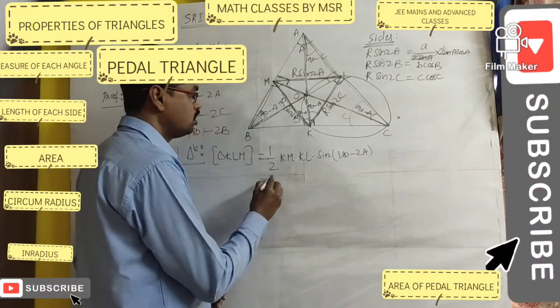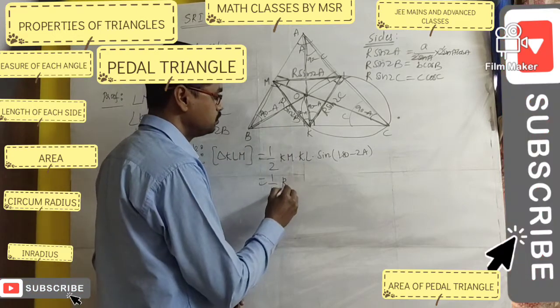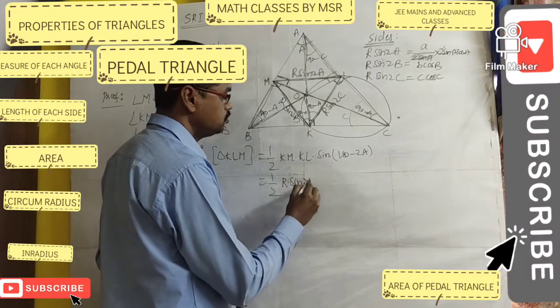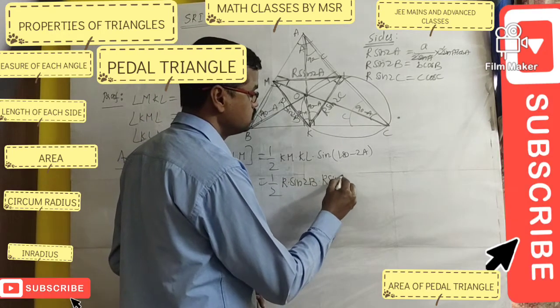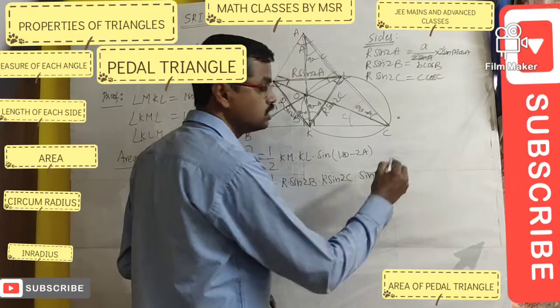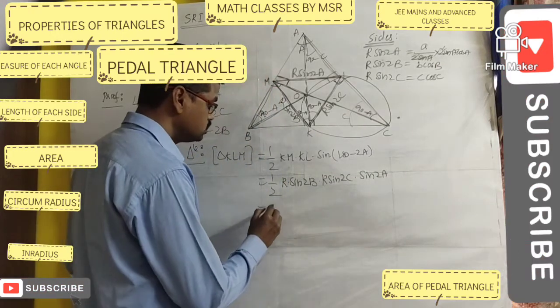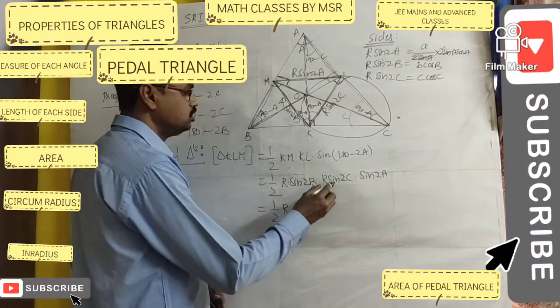Here KM is R sin 2B, KL is R sin 2C, and sin of 180 minus theta is sin theta, so sin 2A. That is half of R sin 2A, sin 2B, sin 2C.